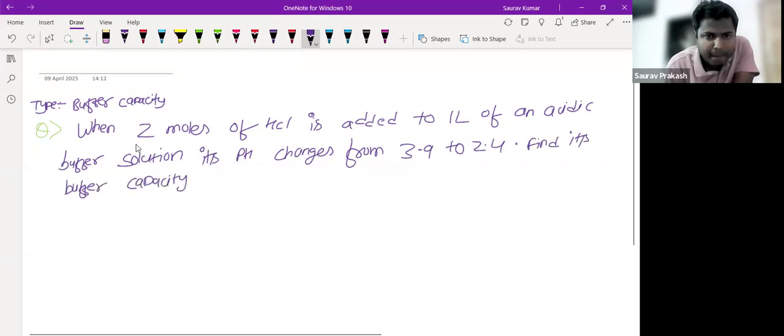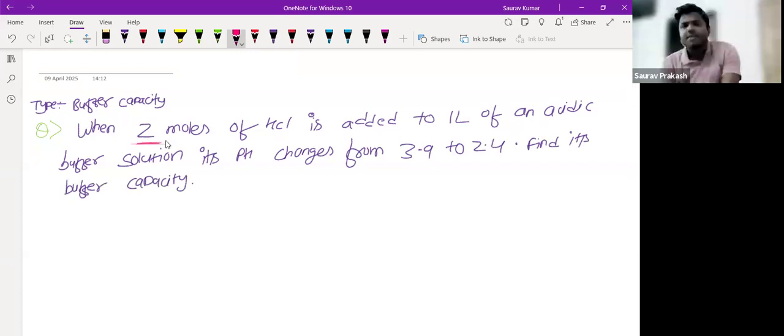So in the question it is given that when 2 moles of HCl is added to 1 liter of the acidic solution, its pH changes from 3.9 to 2.4. It means the change in the pH is given. So the number of moles of strong acid added is 2 moles.